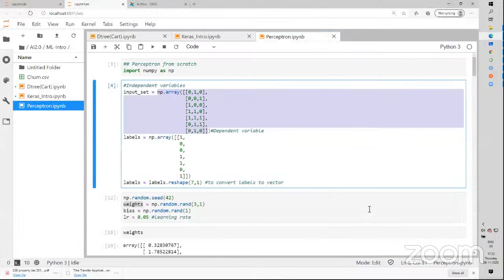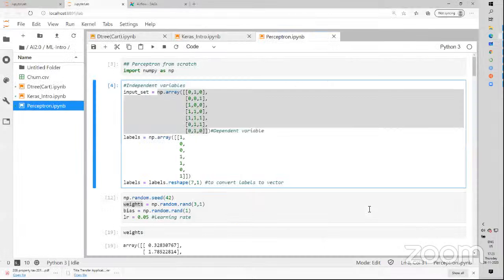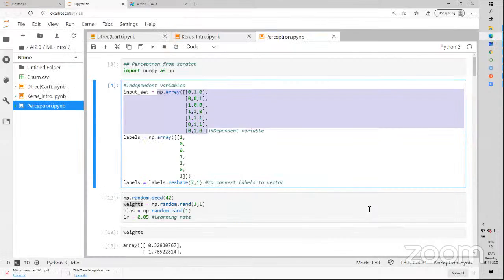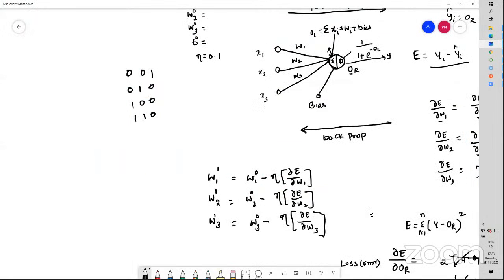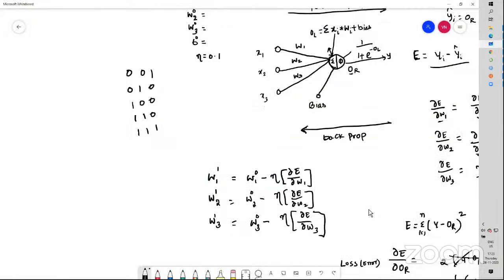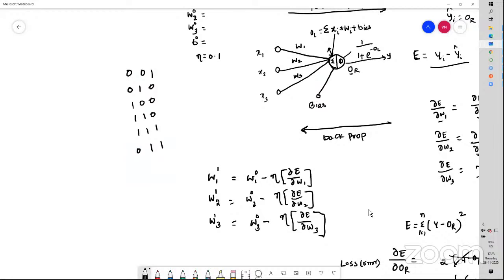The third one is, let's say, 1, 0, 0. Then 1, 1, 0. Then 1, 1, 1. Then 0, 1, 1. Then 0, 1, 0. Okay.